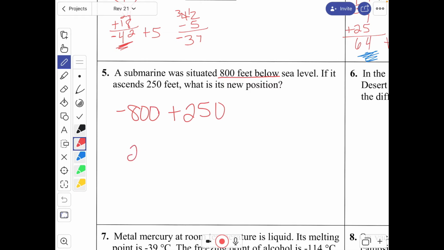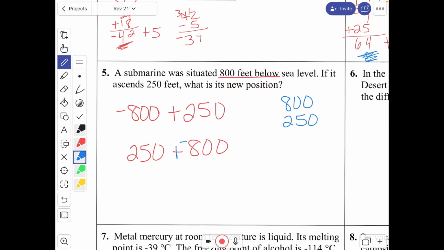And it's going to ascend 250 feet, so that's positive. You can either write it like that, or you can write it like this. Those are the same problems. Notice I just put the negative 800 at the end. So those do not have the same sign.